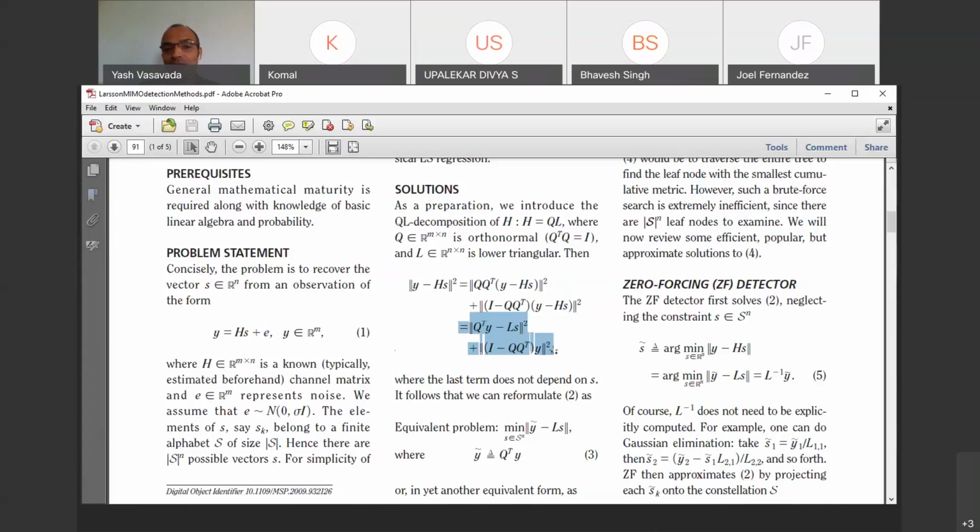The reason why the author has not given any explanation is because he's reading between the lines. He's saying that this is just your linear algebra problem. I don't need to solve it for you. You can do it yourself. You don't need any signal processing or communication background for that.